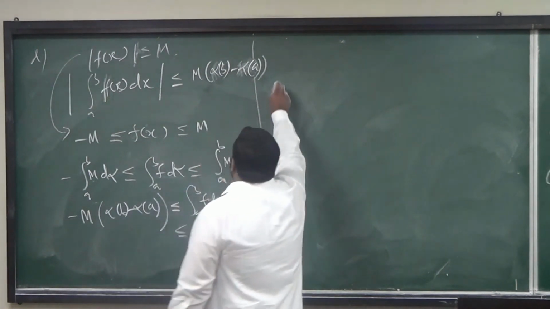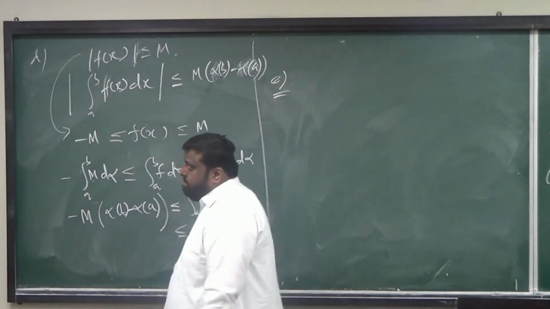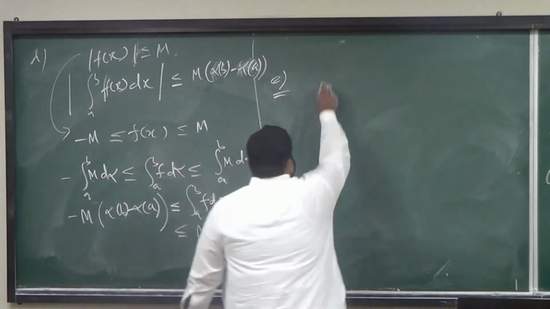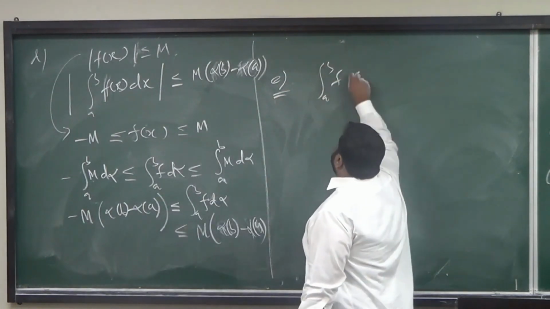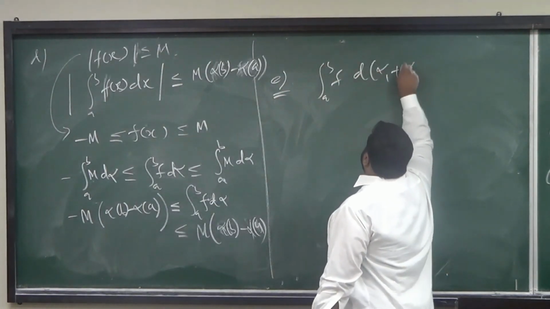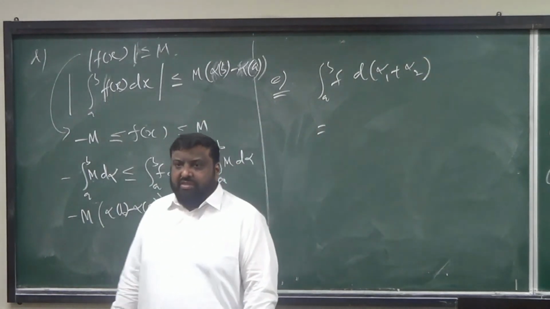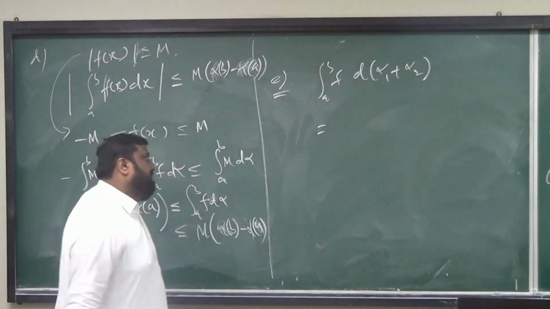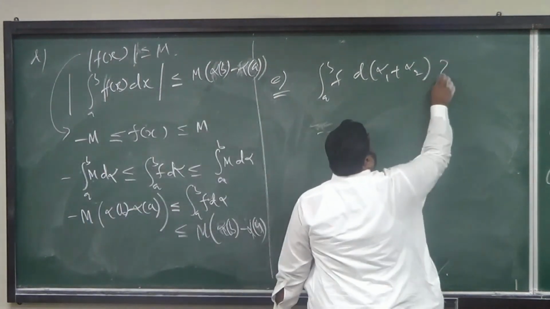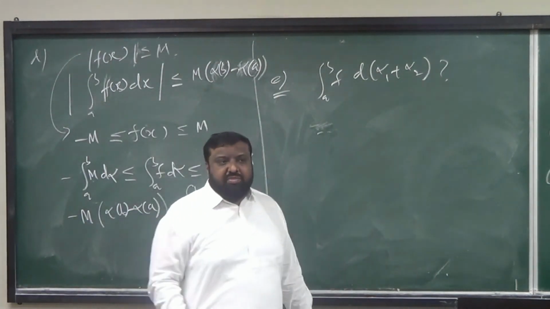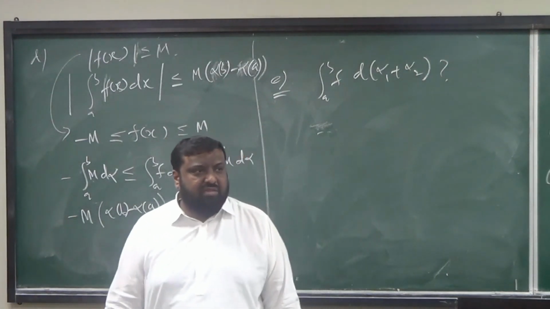So, the last part, part E, that's the integral from a to b of f d(alpha 1 plus alpha 2). So what should be the definition? Maybe the first thing is: does this even make sense in the first place?